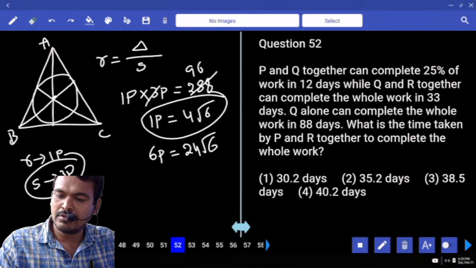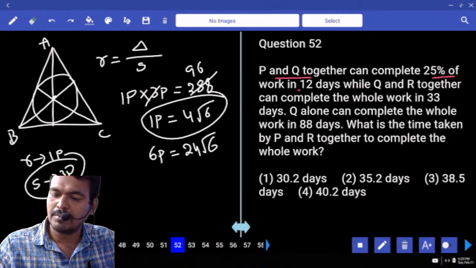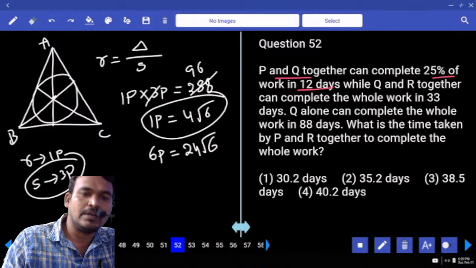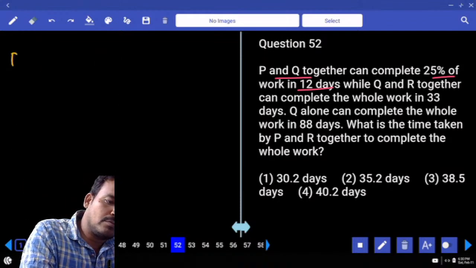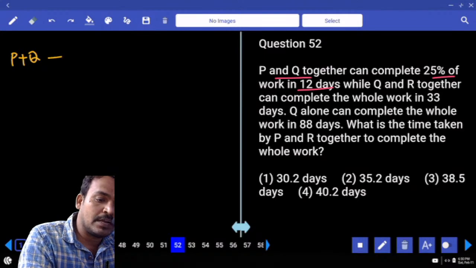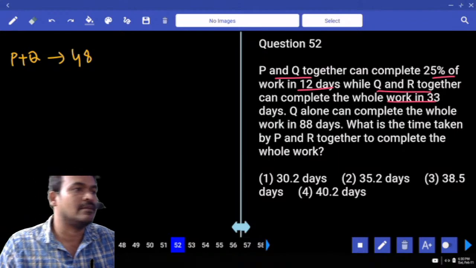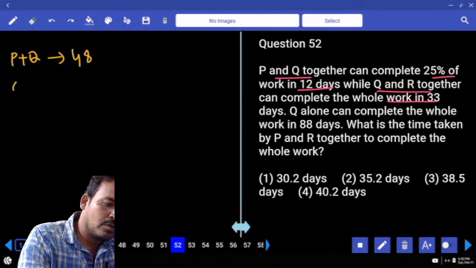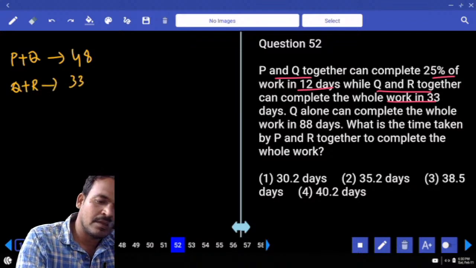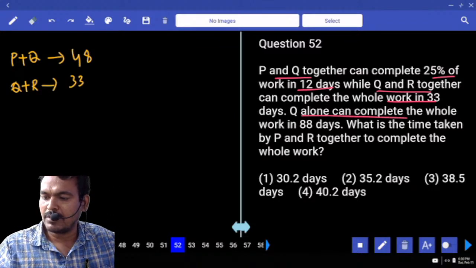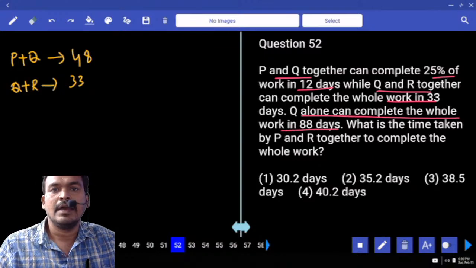First of all, P and Q together can complete 25% of the work in 12 days. Then P and Q together can complete the whole work in 48 days. Next, Q and R together can complete the work in 33 days. Next, Q alone can complete the whole work in 88 days.